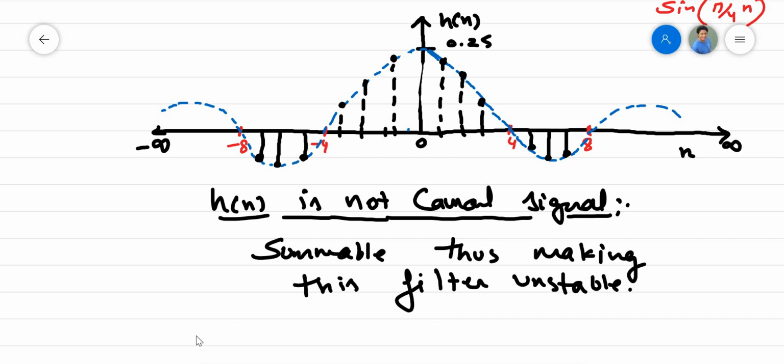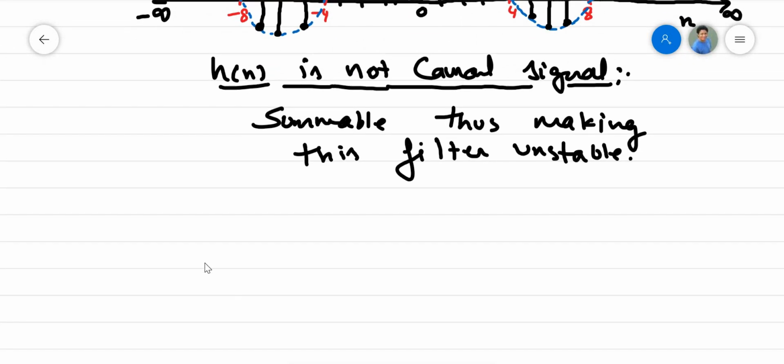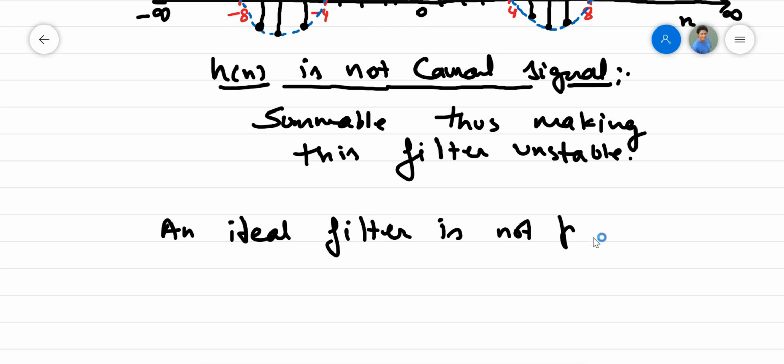So due to these two important points, an ideal filter is not physically realizable. Okay, so we'll discuss this particular point about causality in further classes.